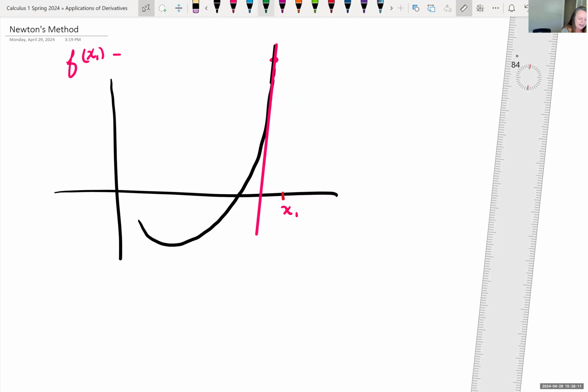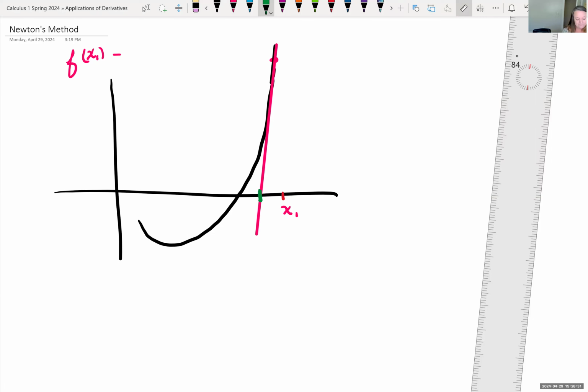So I'm going to find out where this equation of the tangent line is intersecting the x-axis. And then I'm going to choose that as my next value. And I'm going to repeat the same thing. And as I repeat the same thing, I'm going to get closer and closer.